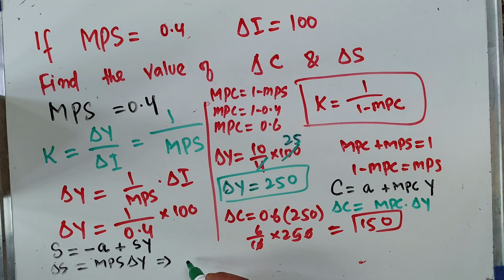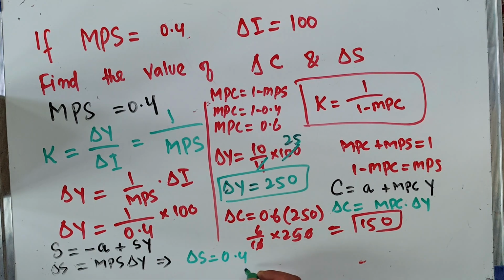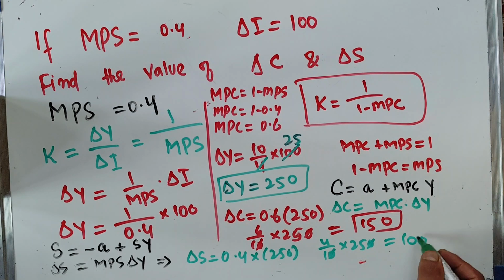So we will get here the change in savings will be equal to MPS, that is given to us as 0.4, times the change in income we calculated as 250, which becomes 4 upon 10 into 250. So this gets cancelled. We get 100 as the change in the savings.